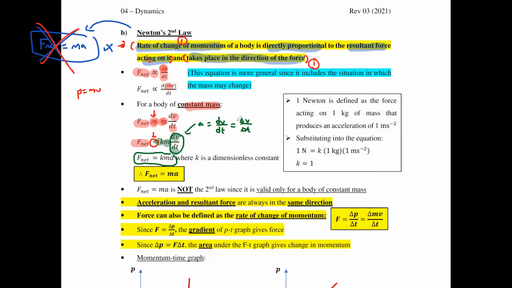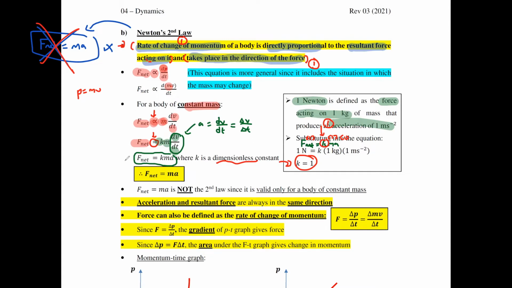Now, we normally define 1 Newton as the force acting on a 1 kg mass that produces an acceleration of 1 meter per second squared. So if you substitute it into the equation F net equals kma, this is 1, this is 1, and this is 1. So obviously k is just going to be 1. Your k is just a constant equal to 1.